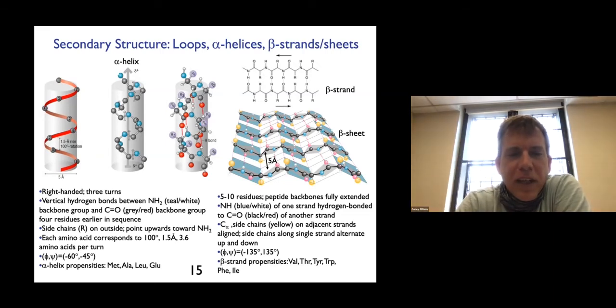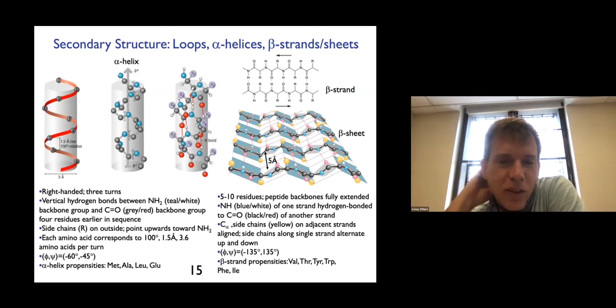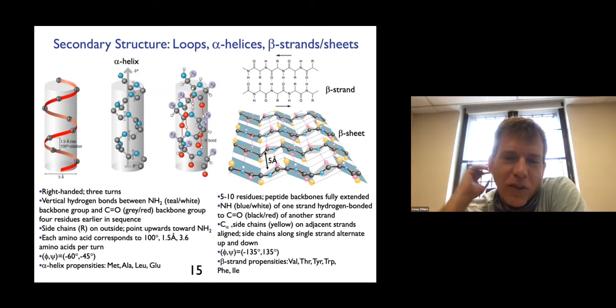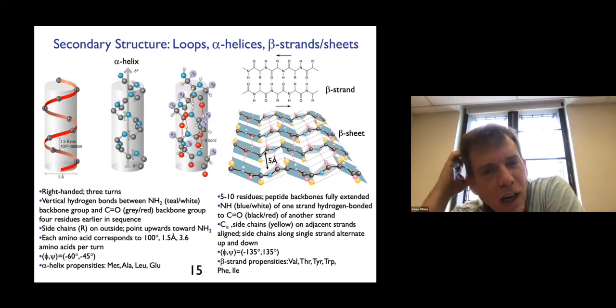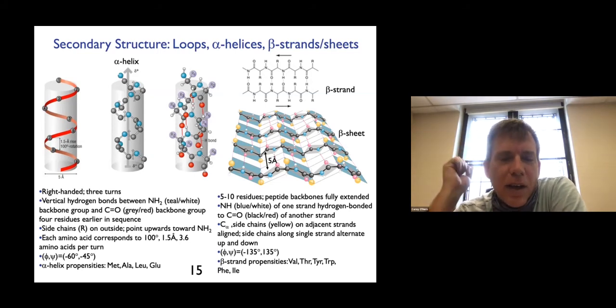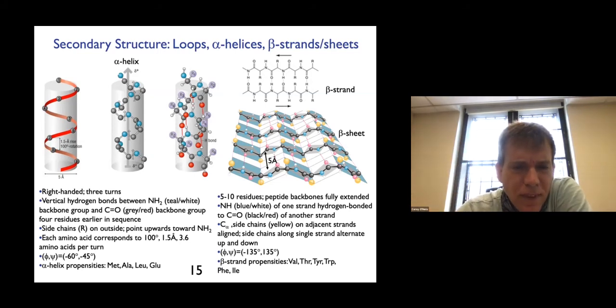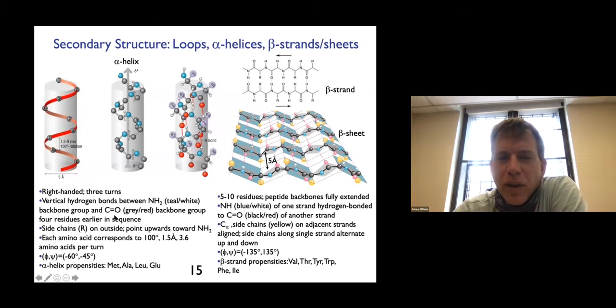When you form an alpha helix, the side chains stick out of the helix, so they're not condensed on the interior. And there tends to be hydrogen bonding between the amine group and carboxyl group.